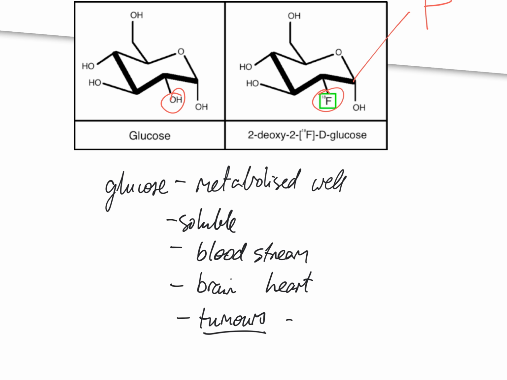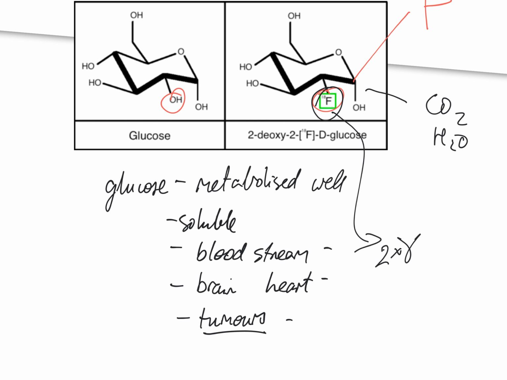It's actually the vital part for respiration. So the tumours are growing so fast that they're using a lot of glucose. As the glucose is used up, producing carbon dioxide and water, the fluorine is left behind in the tissues, and that's the thing that's being scanned for, because it's producing our gamma rays.